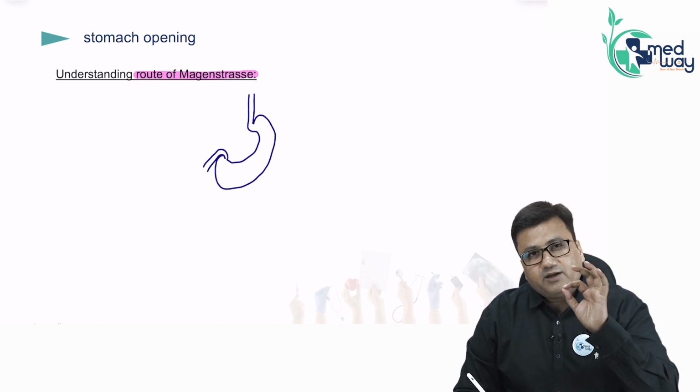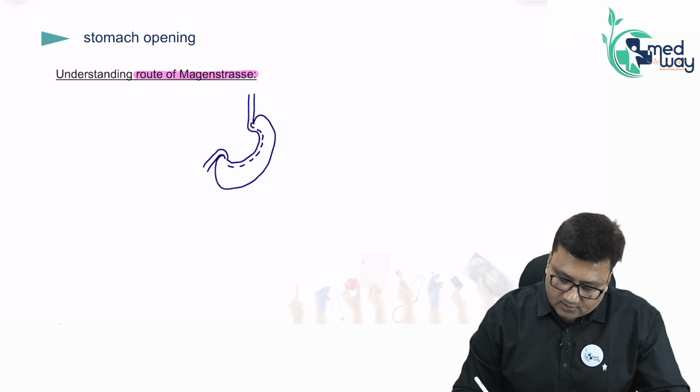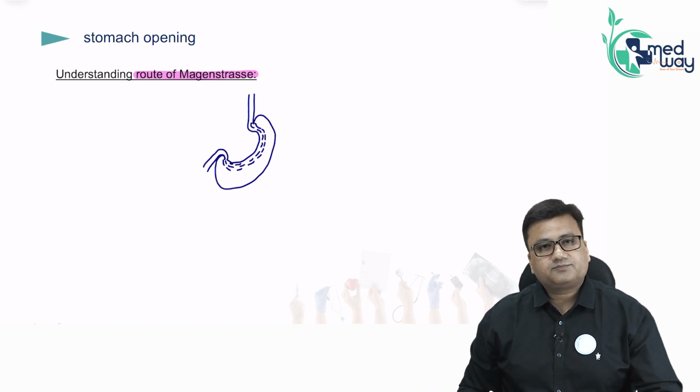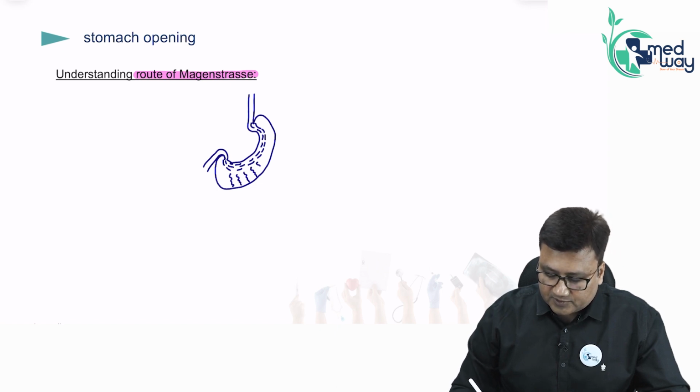From the beginning of the cardiac end here along the lesser curvature till the pyloric end, the mucosal folds run longitudinally like this, right, whereas in the remaining portion they may have this kind of transverse presentation.